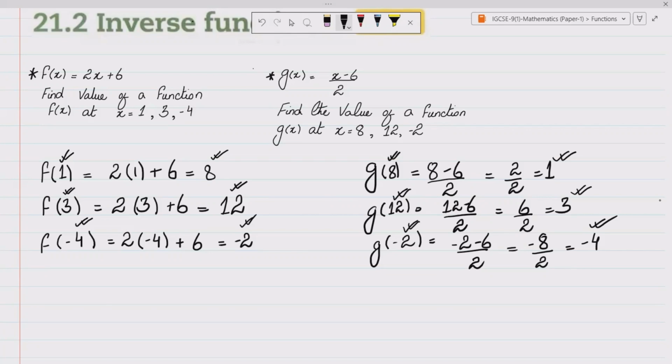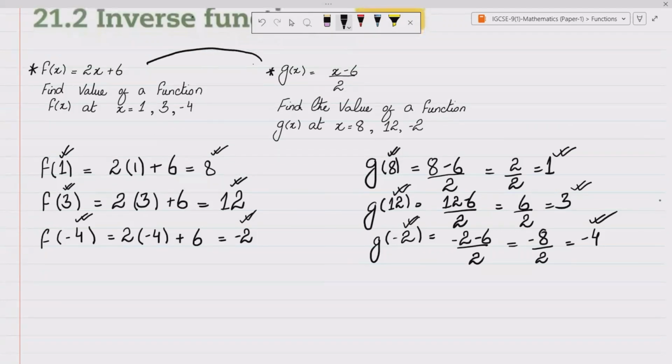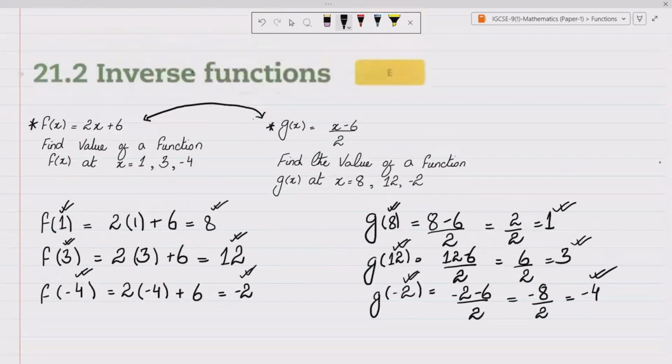In f of x, when you put minus 4, you got minus 2. In g of x, when you put minus 2, you got minus 4. So g of x and f of x are related, and the relation is that they are inverses of each other.